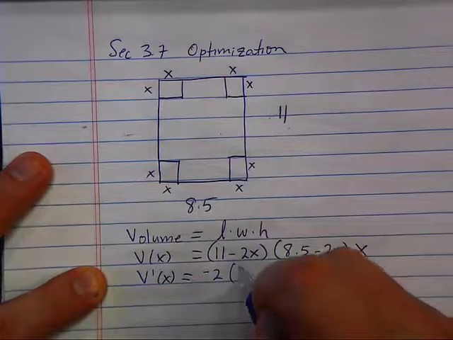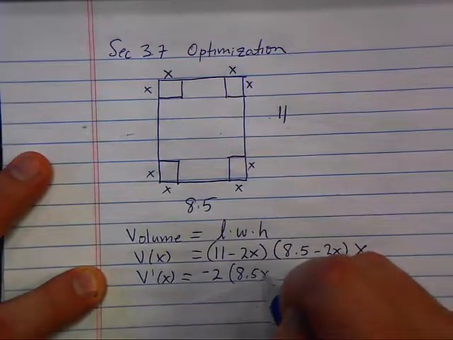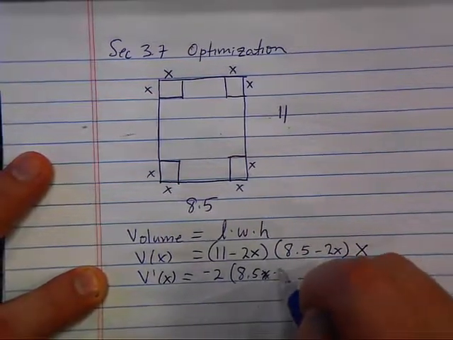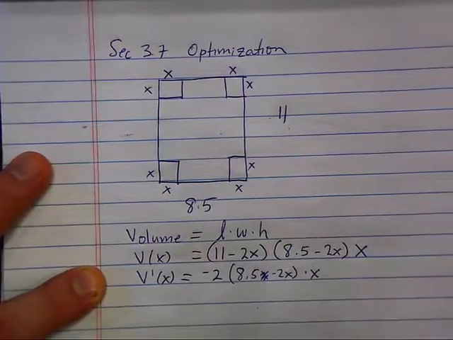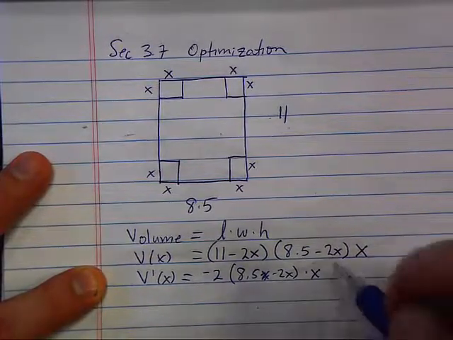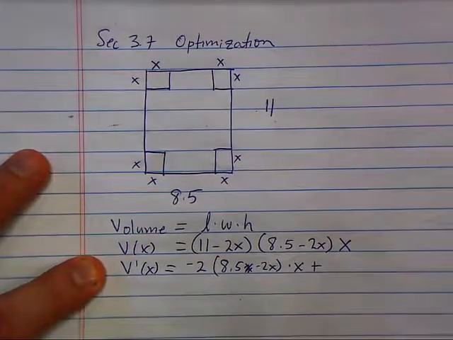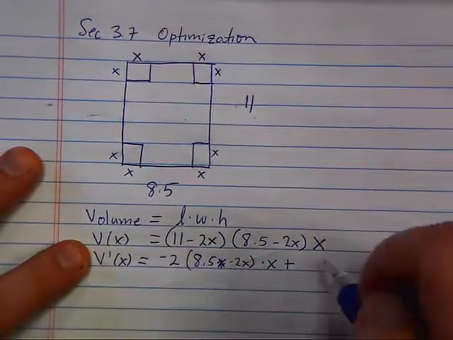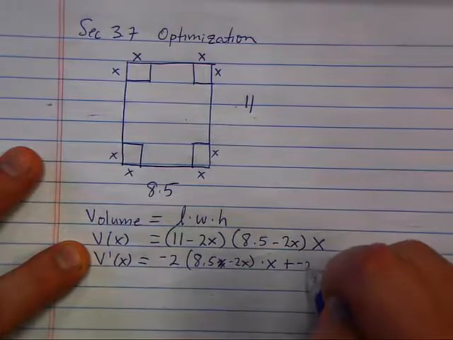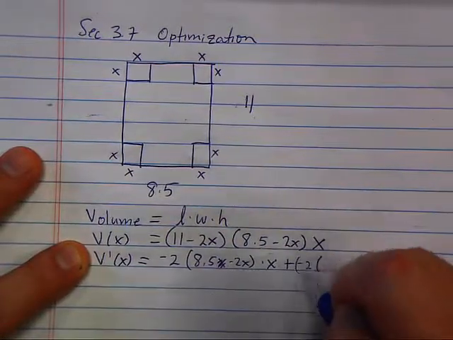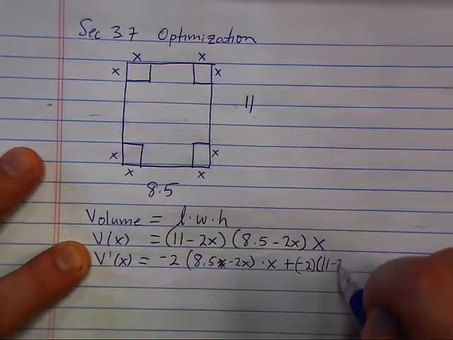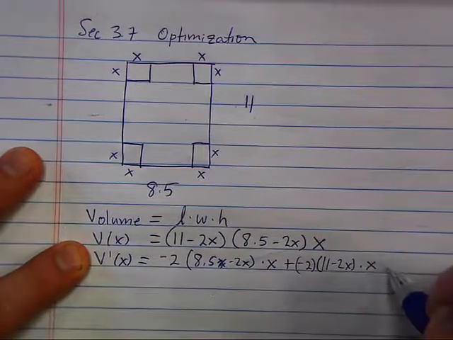And I leave the second one alone, 8.5 minus 2x. And I leave the third one alone, x. Plus, then I switch it. I take the derivative of the middle one. What's the derivative of the middle one? Negative 2. And I leave the first one alone, 11 minus 2x. And I leave the last one alone, that's x.